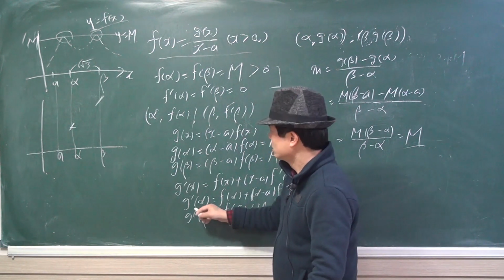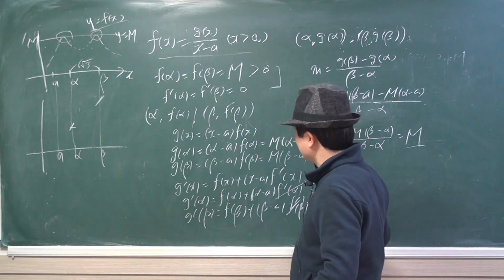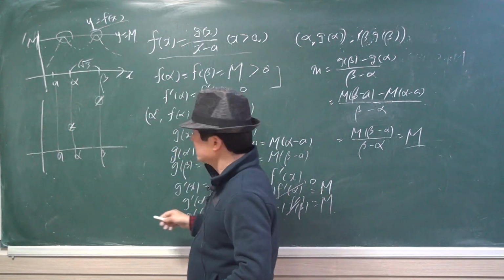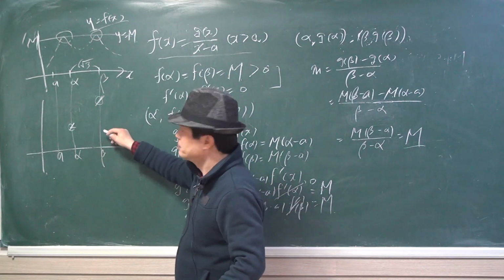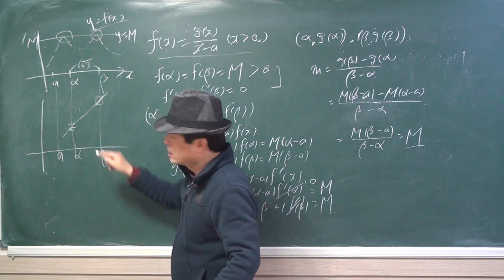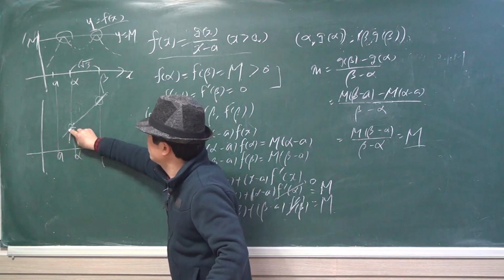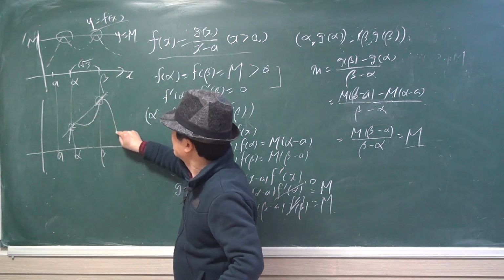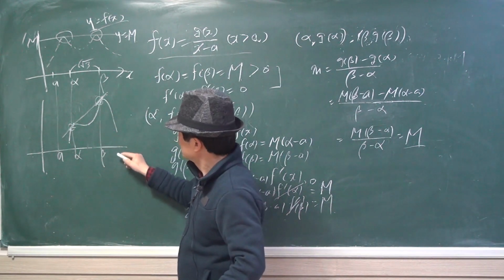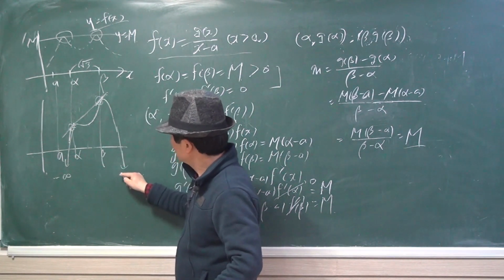Since g'(alpha) equals m and g'(beta) equals m, and the slope of the line segment of these 2 points is also m, we can draw a line connecting these 2 points, and g(x) is tangential to this line at (alpha, g(alpha)) and (beta, g(beta)), and it goes back to minus infinity at both sides.